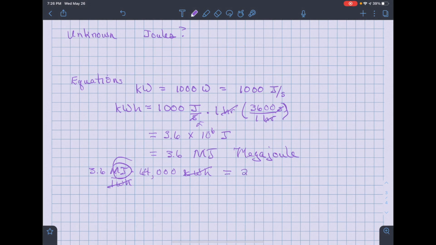It's 2.304 times 10 to the 11th joules, which, again, remembering that a megajoule is a million joules, or we have a new unit here that we haven't really talked about, 230.4 gigajoules.